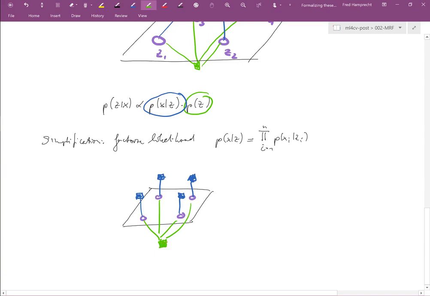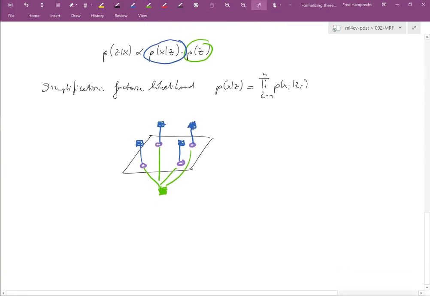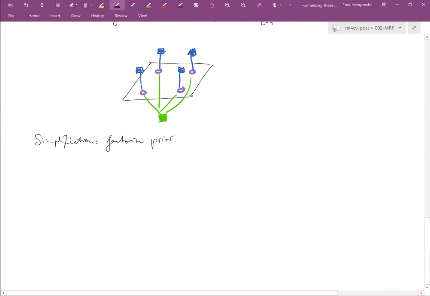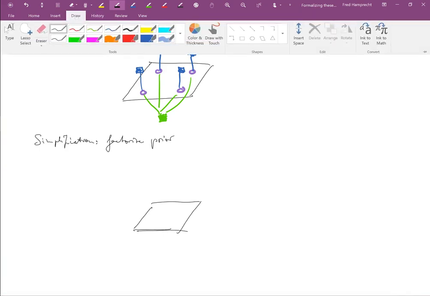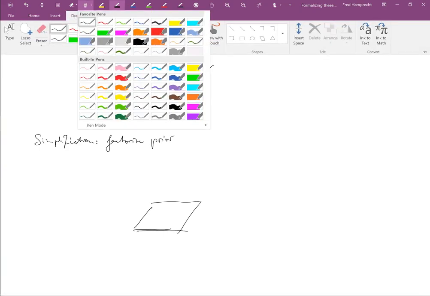So the next thing I can do is try and make my prior simpler. I can do another simplification. I can say I want to factorize my prior. And now it's up to me how I want to do that.